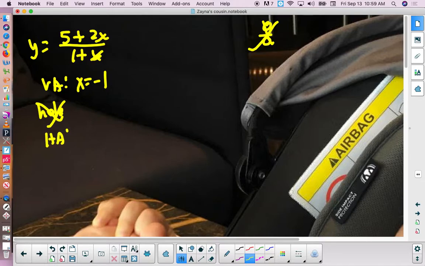Horizontal asymptote, I cover up, I'll hit the undo button, but I cover up everything except for the highest powers of x that I can find. All that other stuff is just insignificant, because where am I going with the horizontal asymptote? Okay, so if I have $500 billion, you go, wait, I'm going to give you $5 more.